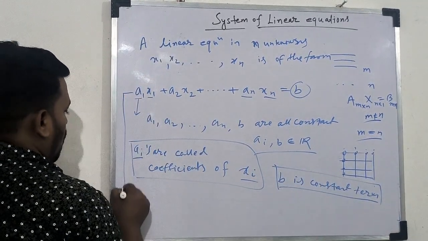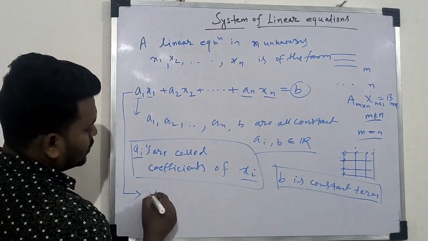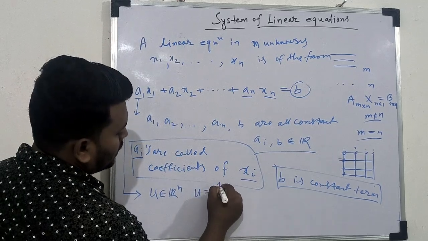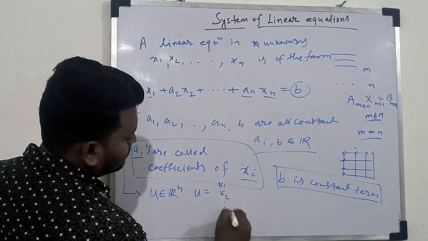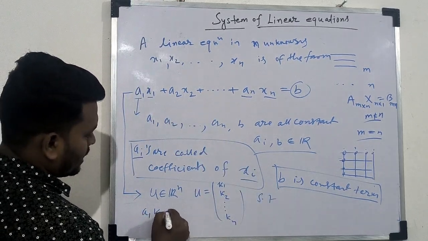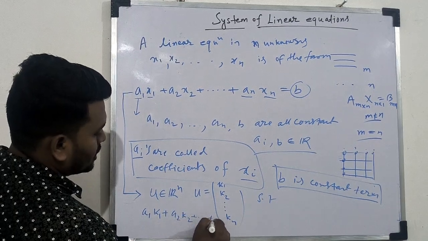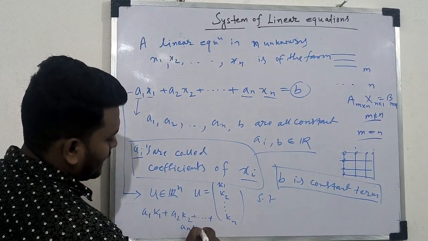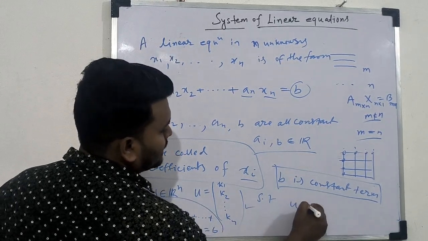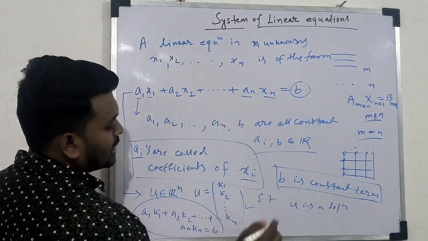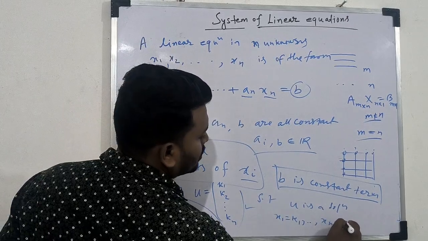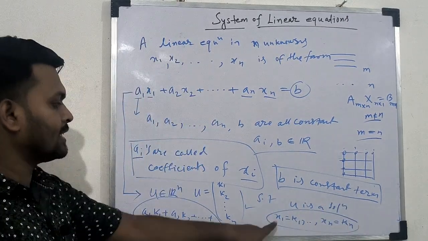And what is a solution? If there exists a u belonging to Rn, that is u equal to k1, k2, dot dot dot, kn, such that a1 k1 plus a2 k2 plus dot dot dot plus an kn equals b, if this is satisfied by this vector, then we say u is a solution for this linear equation, that is x1 equals k1, dot dot, xn equals kn.